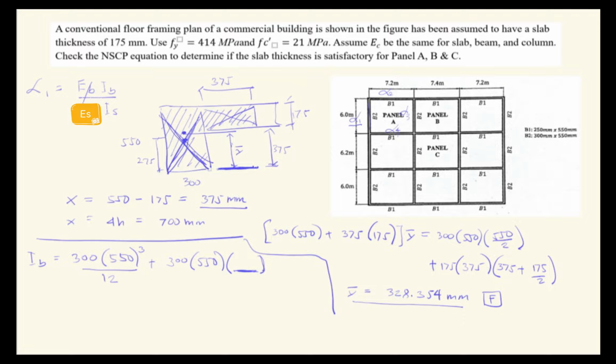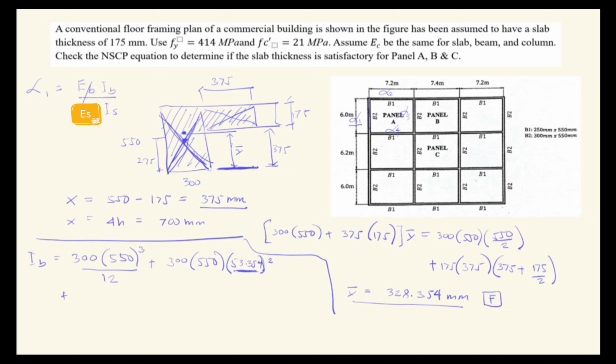Okay, so that is 328.354 minus 275. So that is 53.354. Okay, squared.